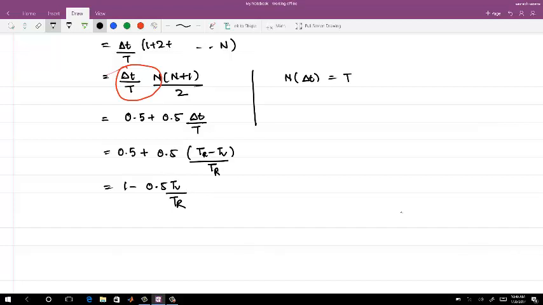And you can say that I am assuming that TR is greater than TV, right? If I consider TV greater than TR, then I have to consider the up minus down signals properly, and then this will invert. This TV becomes TR, TR becomes TV. Which is 1 minus 0.5 times FR by FV.